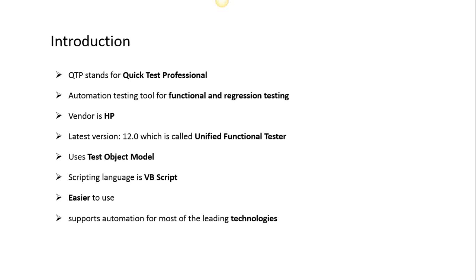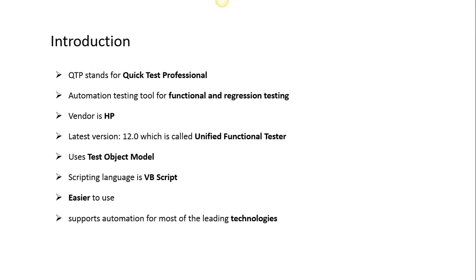That is the only major addition to this version of the tool. So you may call UFT as QTP plus methods or functions for API testing. We would be calling it QTP during this demo.